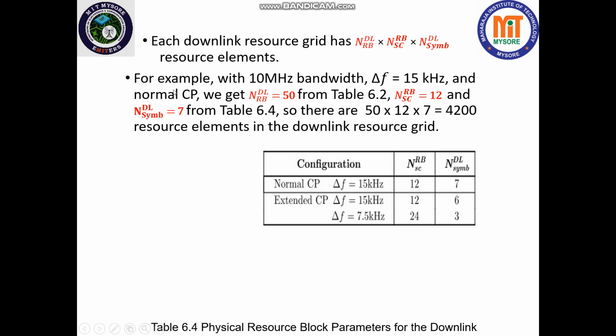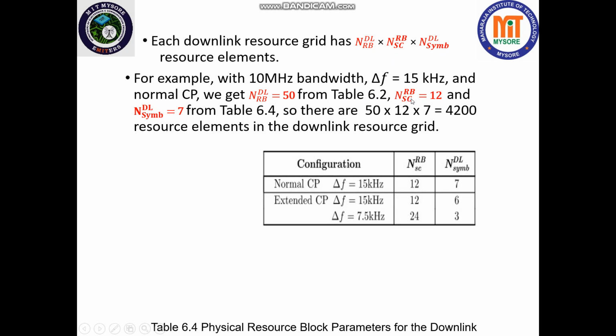Let us take an example and see how many resource elements we can have in a resource grid for a 10 megahertz bandwidth. Assume that the subcarrier spacing is 15 kilohertz, which is delta F is equal to 15 kilohertz. Then for normal CP, the number of downlink resource blocks will be 50, which can be seen from table 6.2, which we have already discussed in the previous topic.